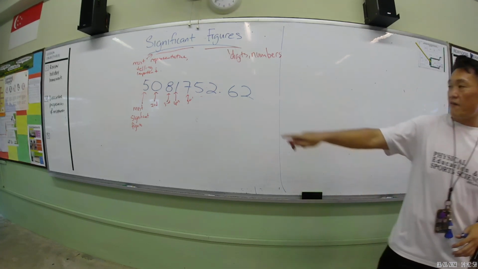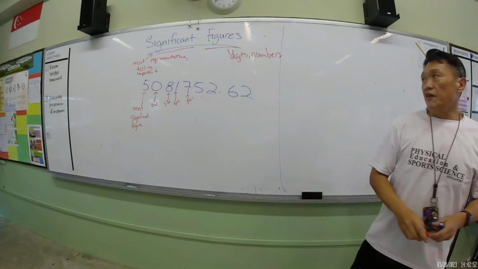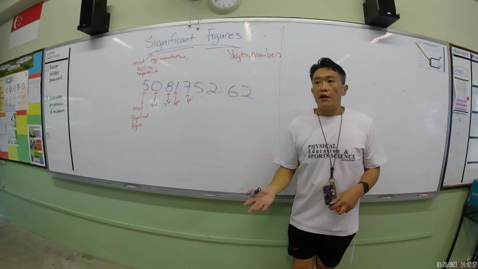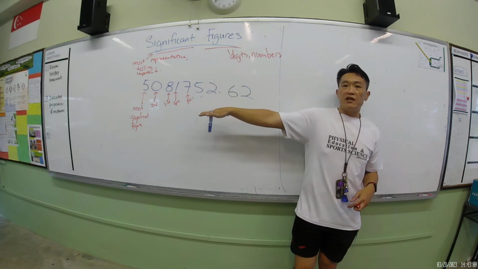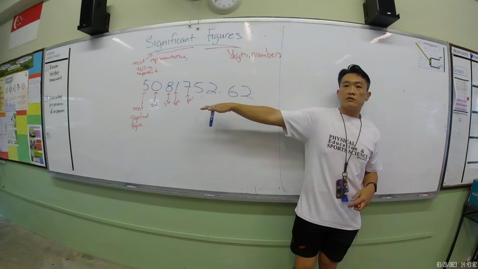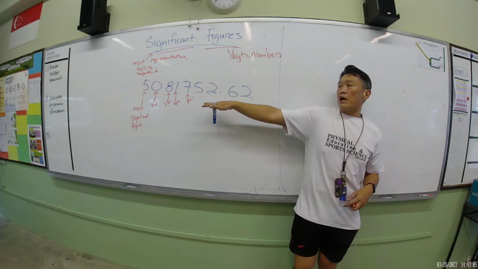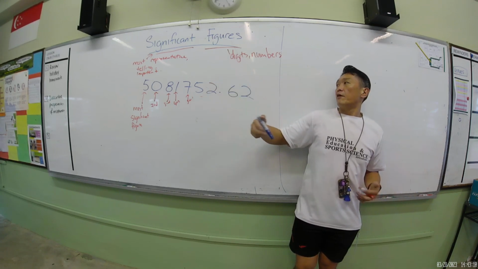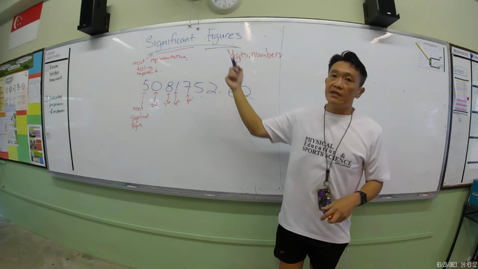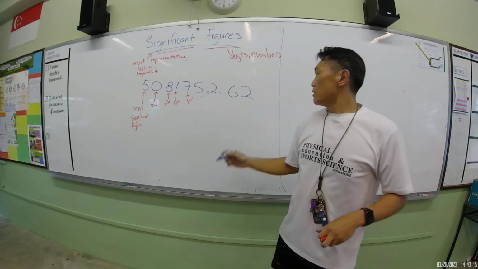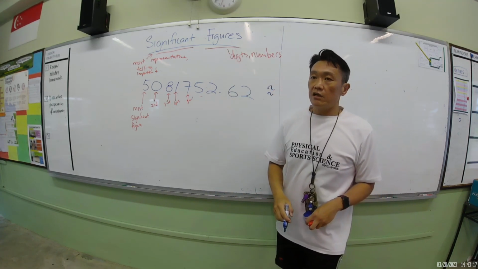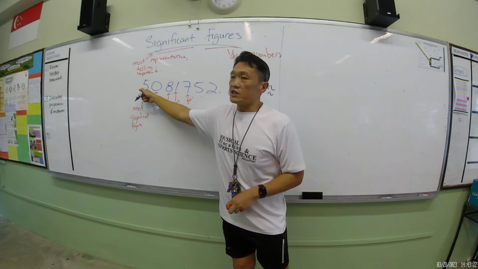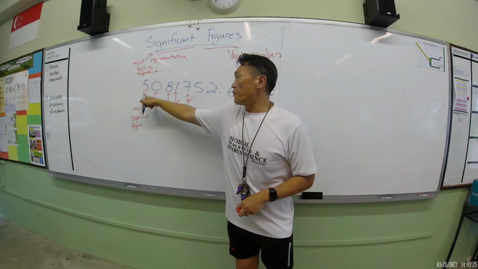Okay? So if we have a string of numbers and I want to round it off, to approximate it, if I want to round it off very roughly, to one significant figure, I must keep this most significant figure at the front.